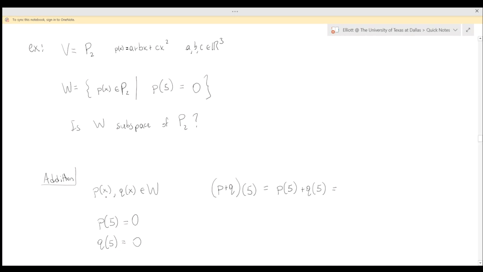Assuming P and Q were in W, this equals 0 plus 0. So the sum evaluated at 5 also equals 0, and it is closed under addition.